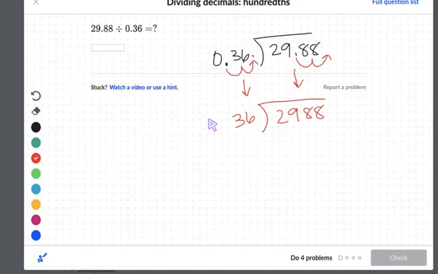Okay, it's kind of like making equivalent ratios. If I'm going to multiply the numerator by 100, I need to multiply the denominator by 100 as well, so that it is equivalent. Okay. Now I'm going to make my key on the bottom. So I have 36 times 2, so that is going to be 72.